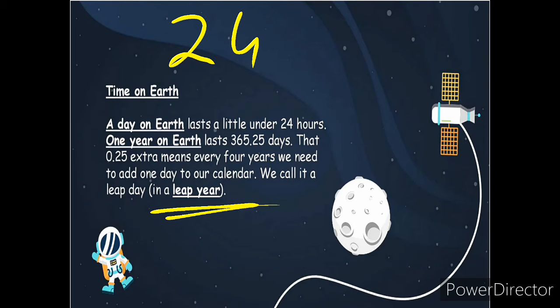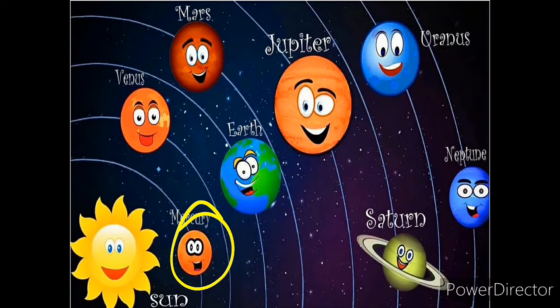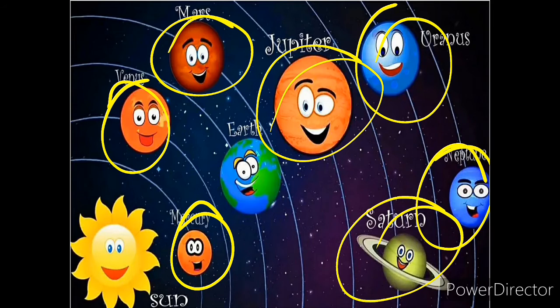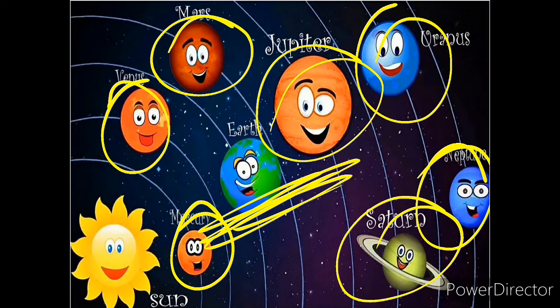We know about our Earth, right? You might not know about other planets like Mercury, Venus, Mars, Jupiter, Saturn, Uranus and Neptune, but you know most and more about your Earth and also about the Sun, right? Because about Earth and Sun we are learning from first grade.